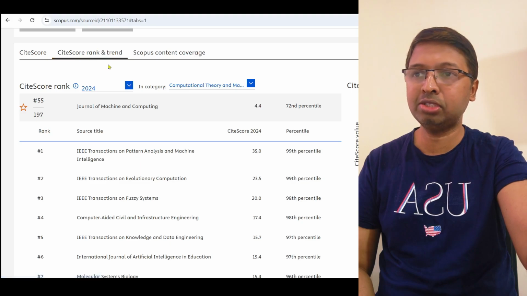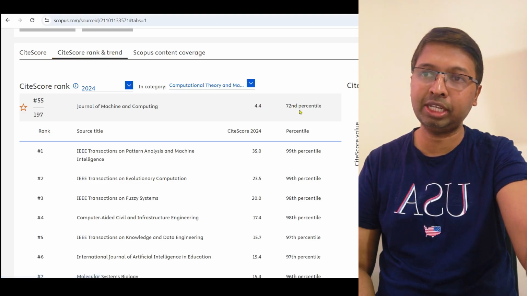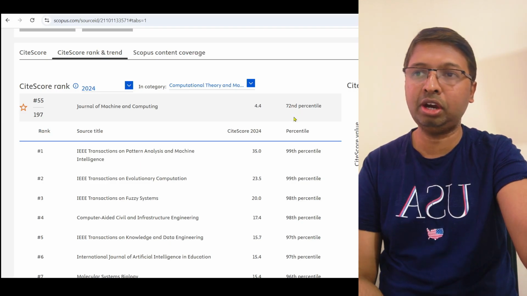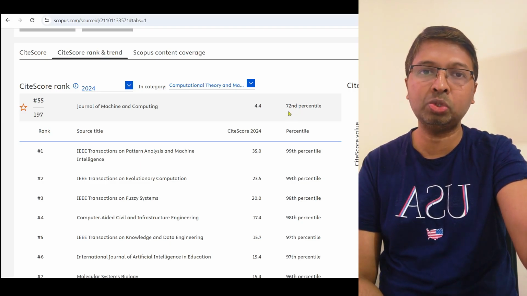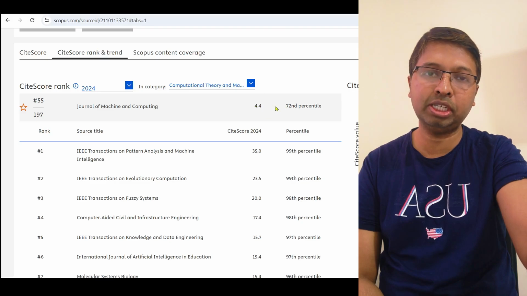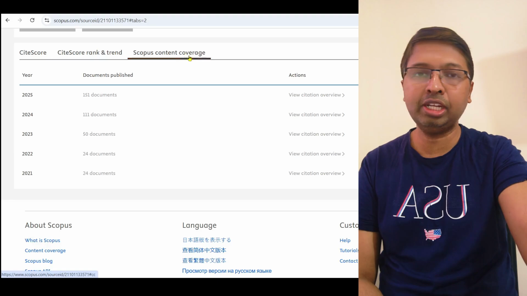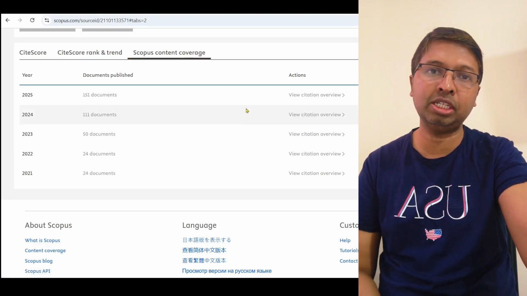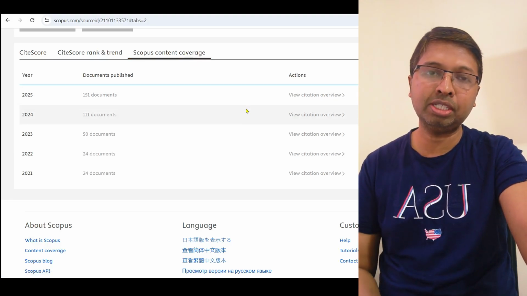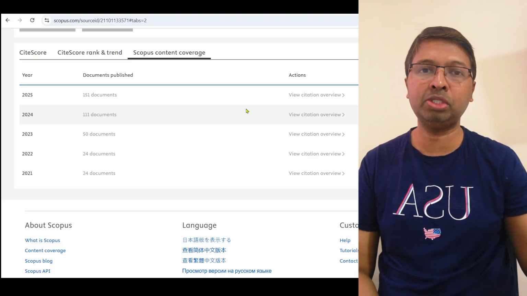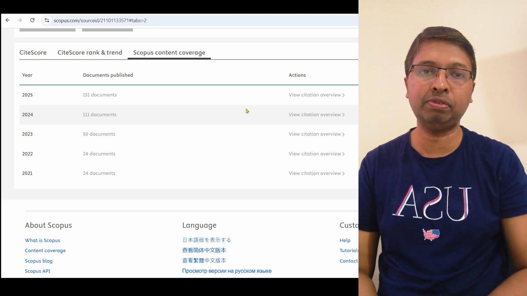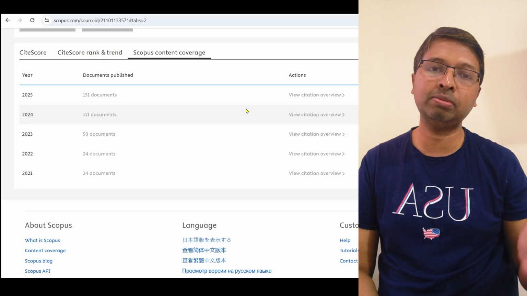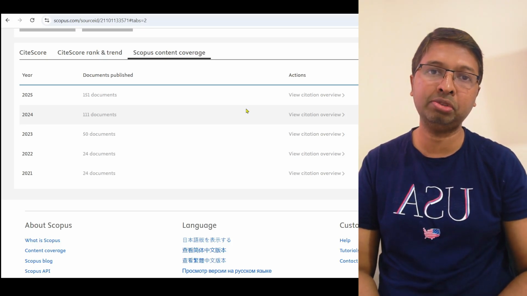If you browse through the CiteScore rank and trend, it comes under the 72nd percentile. Since it comes under 51 till 75, it automatically comes under the Q2 quartile. So whatever information is given in the SCImago Journal Rank website is not correct. I really don't know how this particular journal is getting the Q2 quartile, because if you compare 2021 till 2025, we can find internationalism as well as quality during 2021.